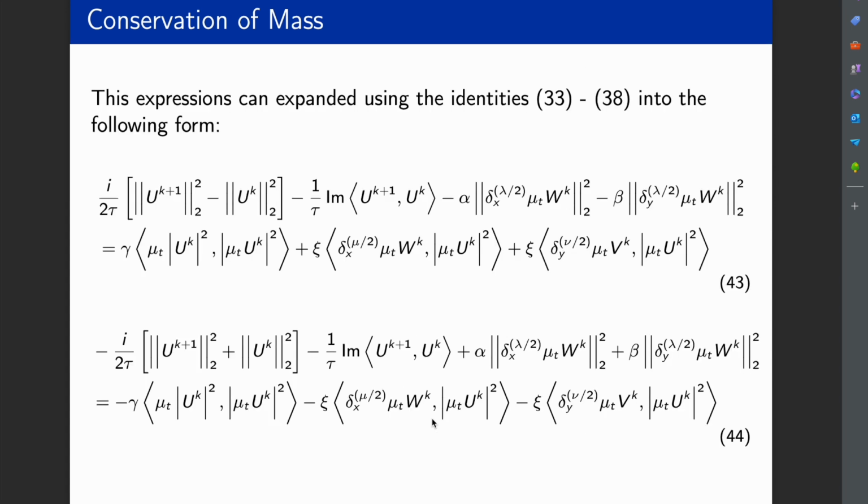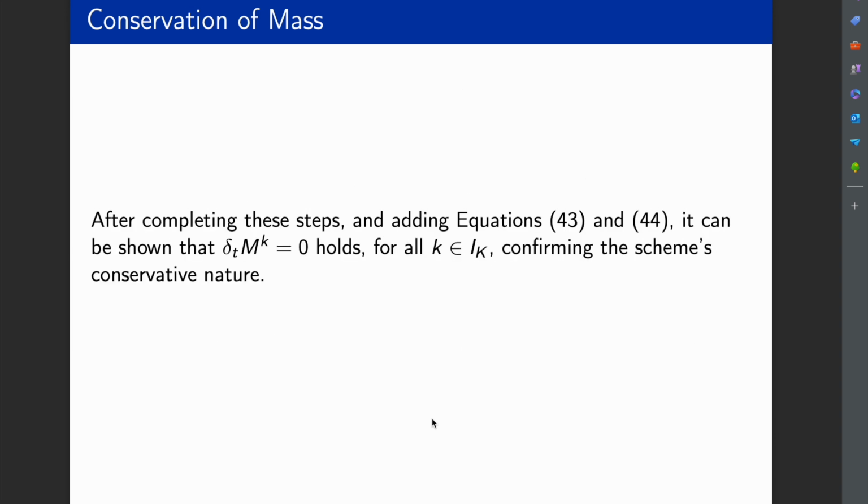These equations can be extended using the identities we have before, and then we can add those two equations. Doing that, we can show that the time derivative of the mass is going to be equal to 0, and this confirms that the scheme conserves the mass of the system.